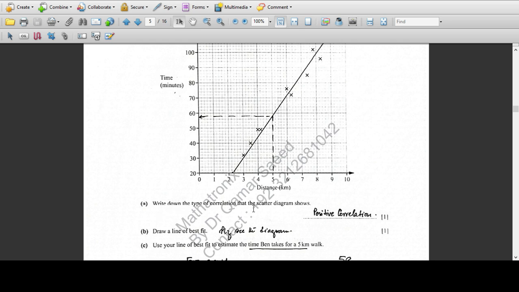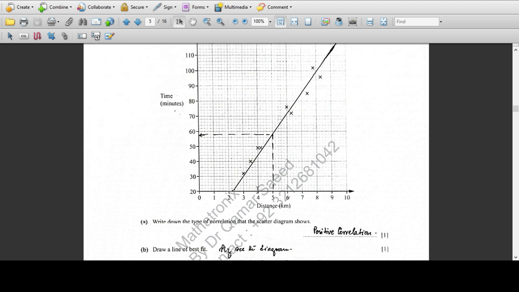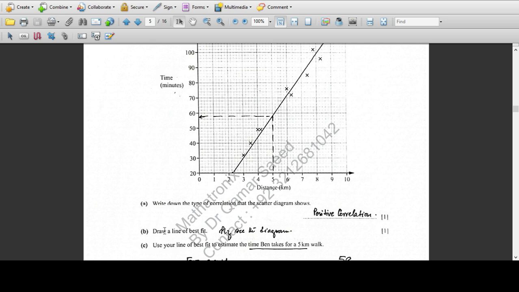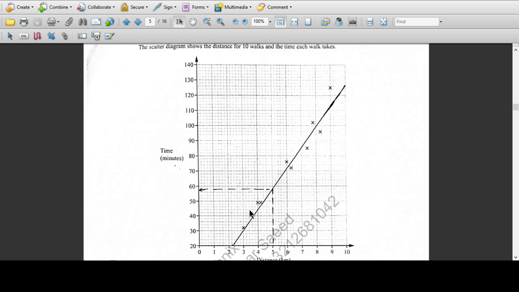So write down the correlation that the scatter diagram shows. The answer to this first part is positive correlation, because the more distance, the more time it takes. Draw a line of best fit. From this scatter diagram, this straight line is drawn in such a way that it gives the best fit for all the points.